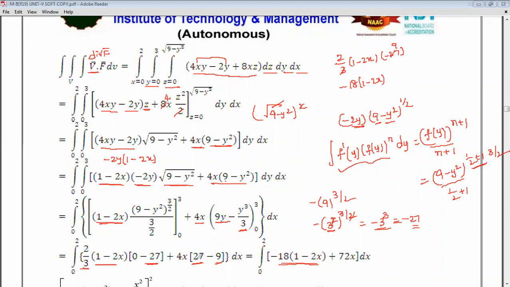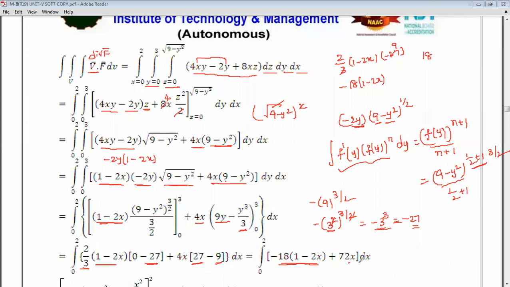And next, coming to this, it is 27 minus 9, so here we have 18. So 18 into 4x, that is 72x, so 72x dx.